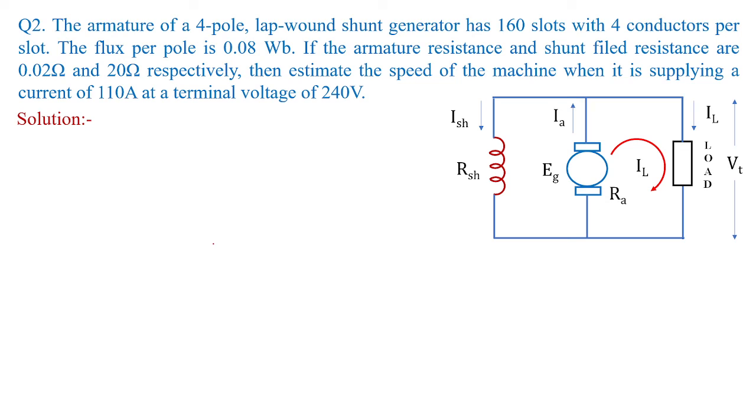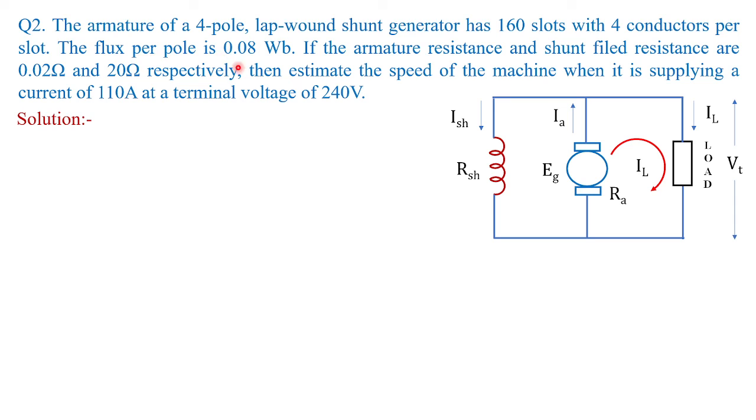Now let us go with the next problem. Again, we are taking the shunt machine here, but see the parameters. The armature of a 4-pole lap-wound shunt generator has 160 slots with 4 conductors per slot.